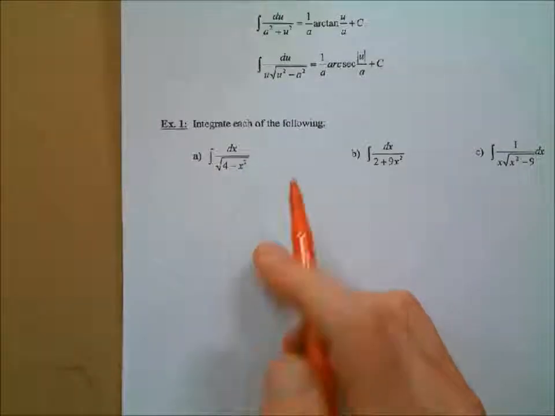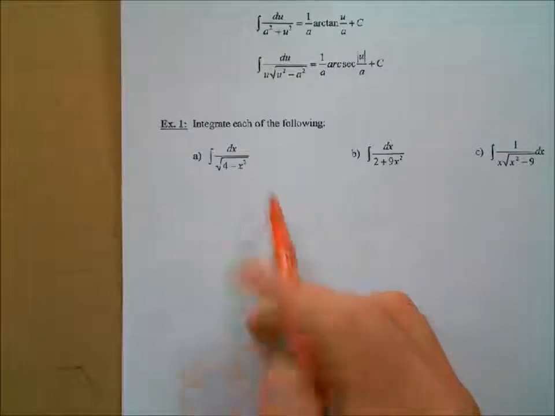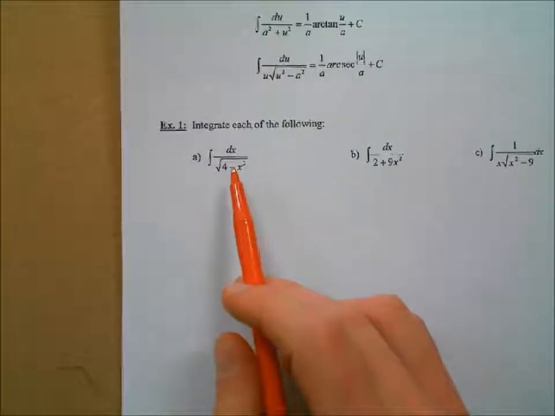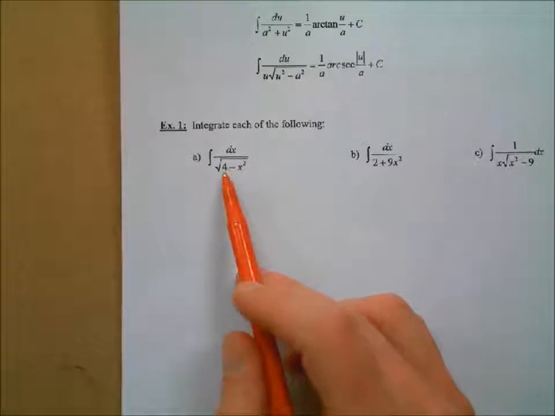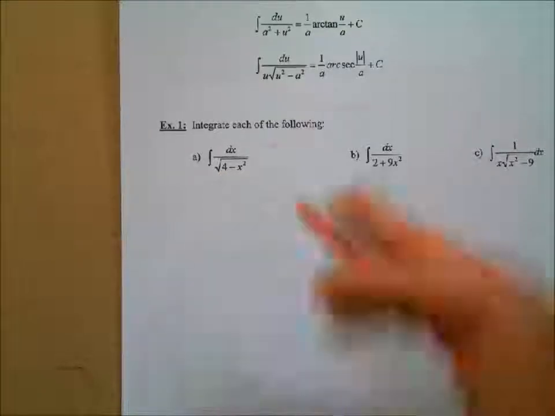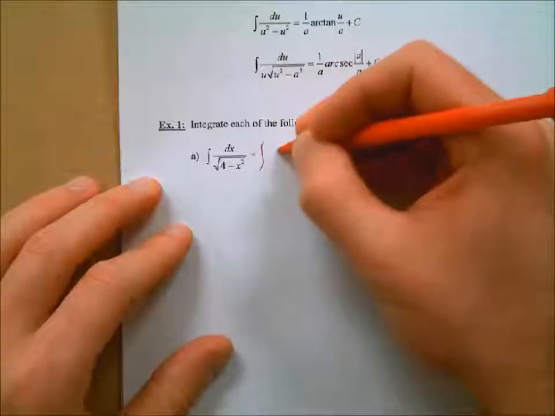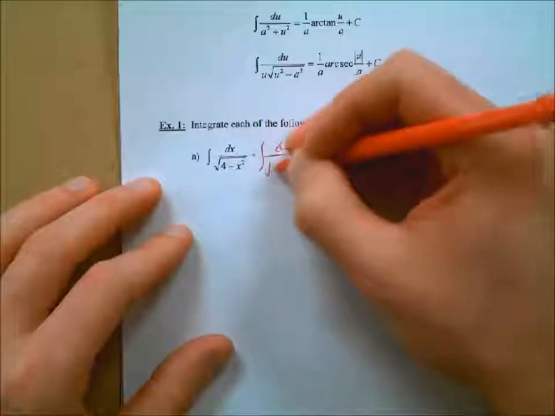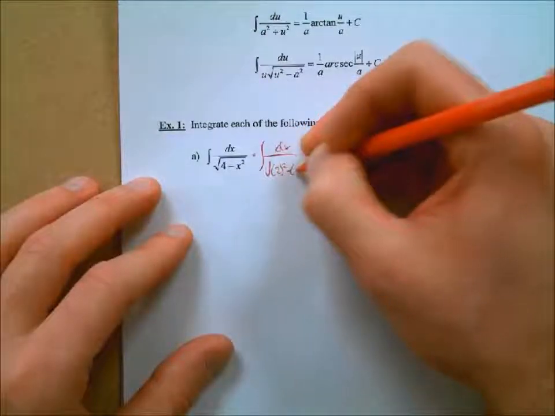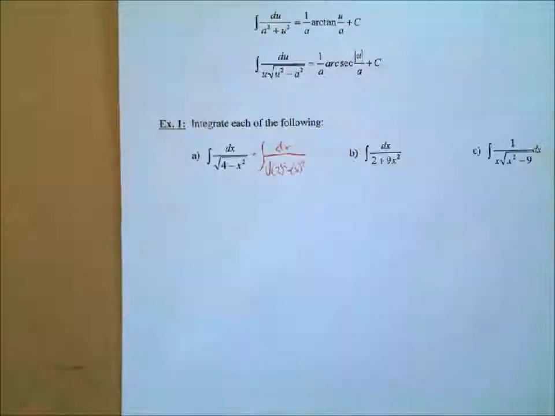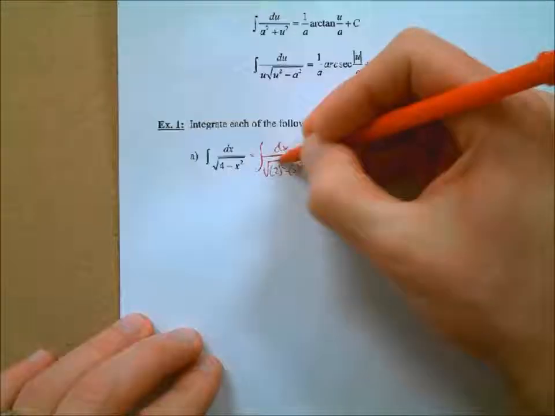Now, what I recommend for everyone, because a common mistake here is to mix up what a is with the number you're given: this 4, is this a? No. Remember, this 4 is a squared. So I would recommend you rewrite this as dx over the square root of 2 squared minus x squared. I know it seems kind of silly, but it's helpful to see.